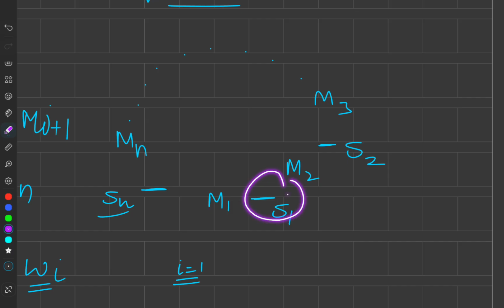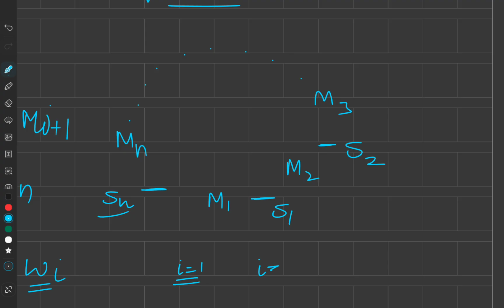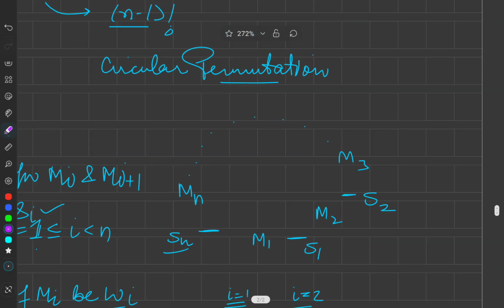Which two places? The one adjacent to m1, her husband, and the second, sn, which is also adjacent to her husband. If we say i equals 2, wife 2 cannot sit adjacent to m2, so that means s2 and s1.